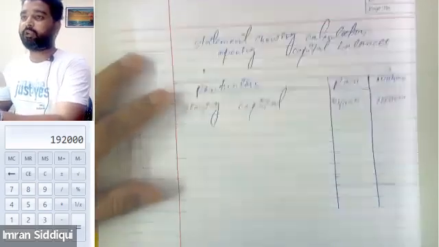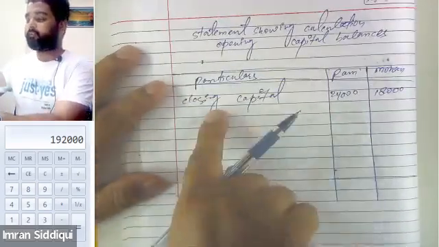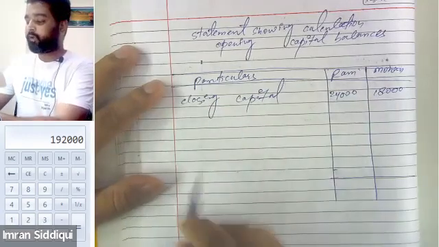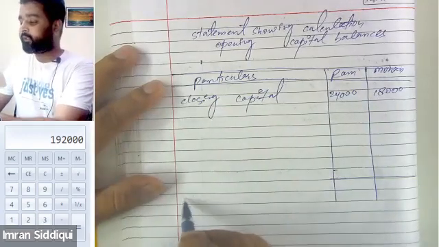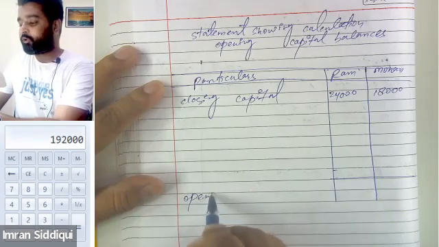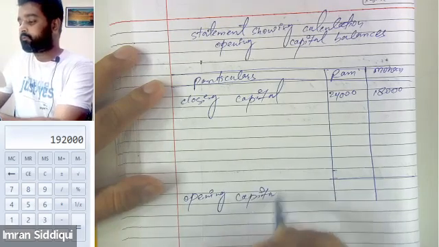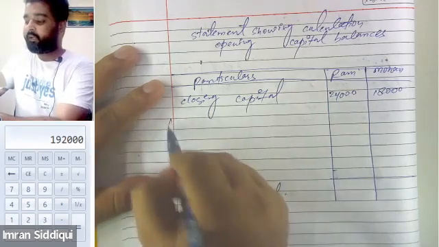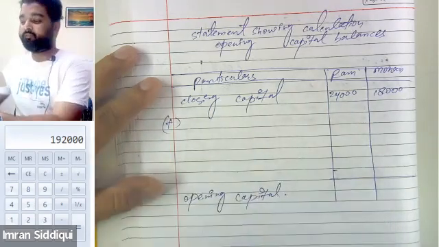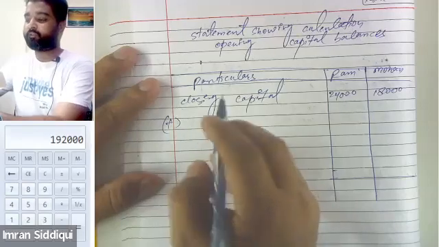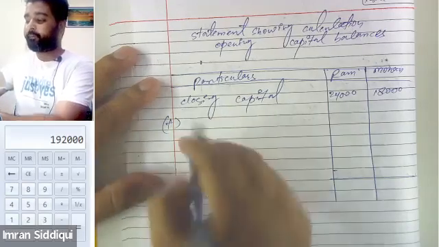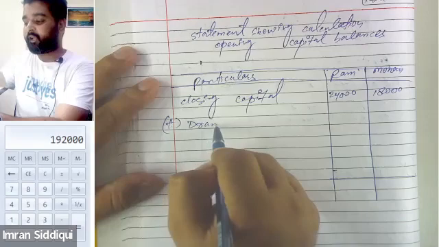Now see, try to understand that in order to find out the opening balance, we have written the closing balance. What are we required to do to find out the opening capital balance? If there are any drawings made out of capital, we will add such drawings. Remember this. Number one, in order to find out the opening capital, we will add drawings if there are any.